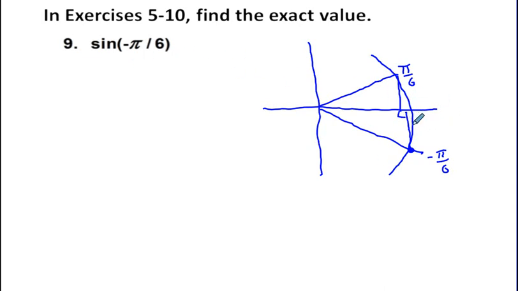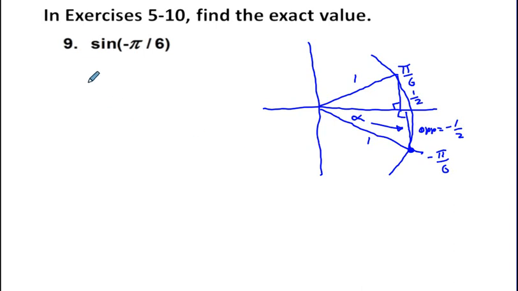And so what do we have here? Well, our alpha is going to be our angle here, and that's going to be the reference triangle. The sine is going to be opposite, which is 1/2, over hypotenuse. But down here in quadrant 4, we're going to be down below the x-axis, so our opposite side over here is going to be negative 1/2.